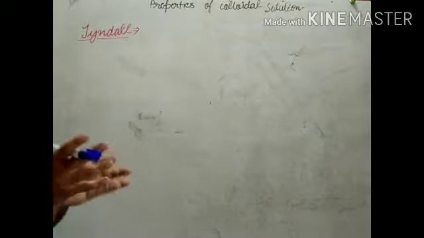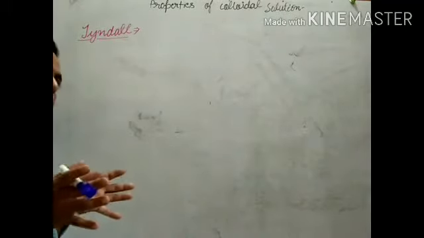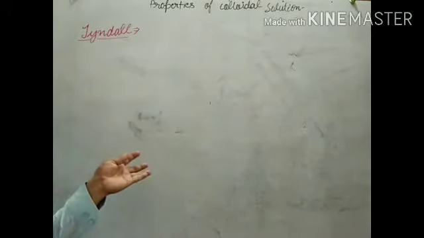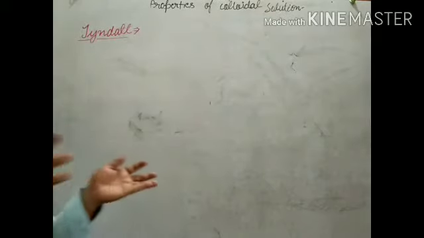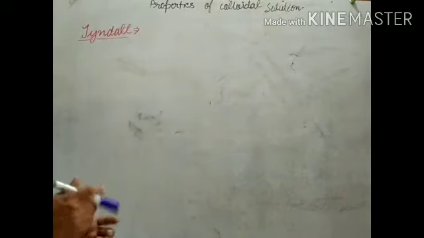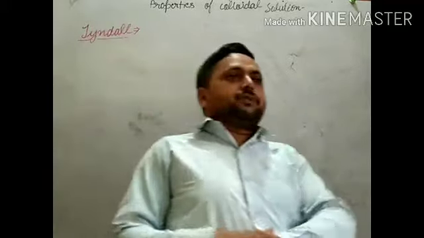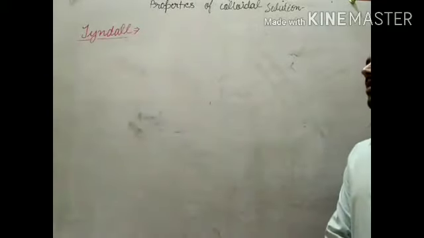This means the diameter of the light beam and the diameter of the dispersed phase should not differ greatly. And the second point is that the refractive index of the dispersed phase and the dispersion medium should differ greatly.